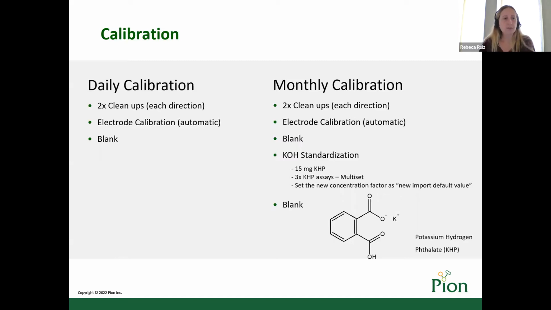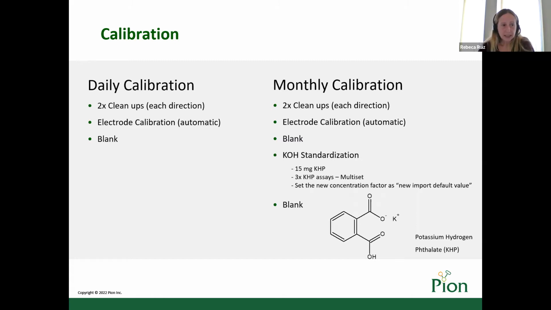These 2 cleanups are cleaning the probes from the previous assays performed the previous day. Then the blank is performed, and with the blank the electrode is calibrated, and the blank needs to pass.